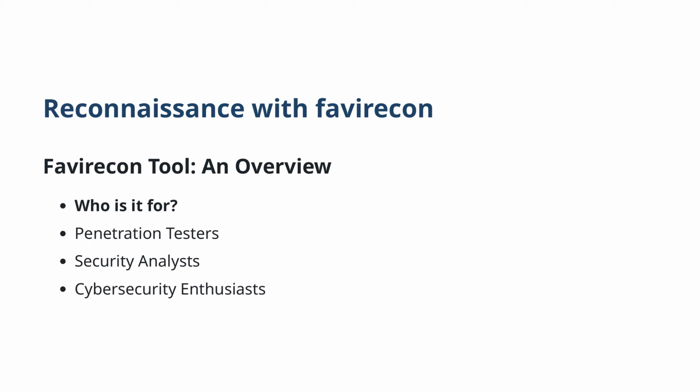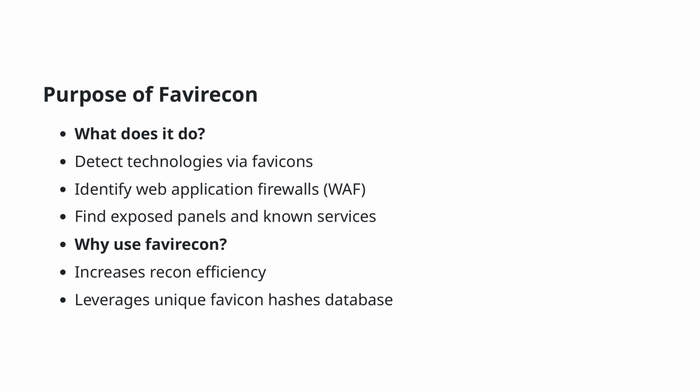Using this tool can significantly enhance the effectiveness and efficiency of your reconnaissance efforts, thanks to its specialized database of unique favicon hashes. Favirecon's primary purpose is to enhance reconnaissance efforts by leveraging favicon hashes. This tool excels in detecting underlying technologies of web applications through their favicons.